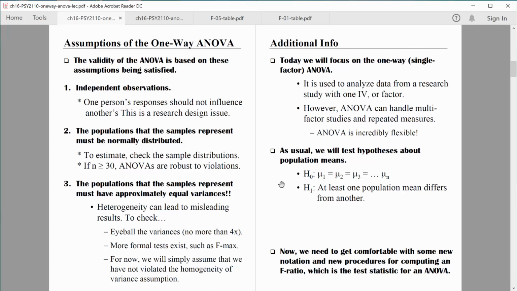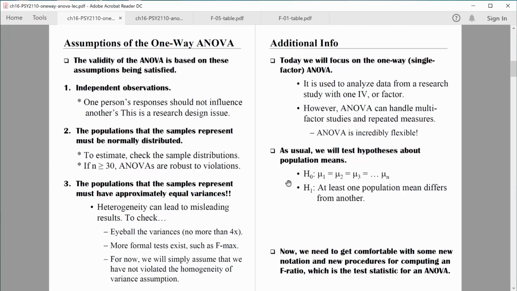I care about the people they represent in the entire population. So of course, for our null hypothesis, we will set it up in terms of population means, mu. And of course, the null hypothesis is going to state that the population mean for the Democrats is equal to the population mean for the Republicans, which is equal to the population mean for the independents. So that would just be an example where we're comparing 3 different groups.